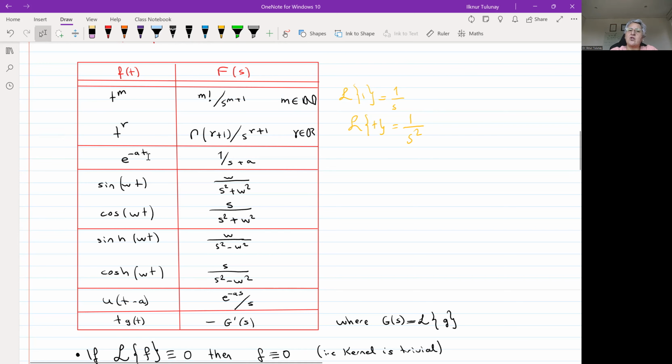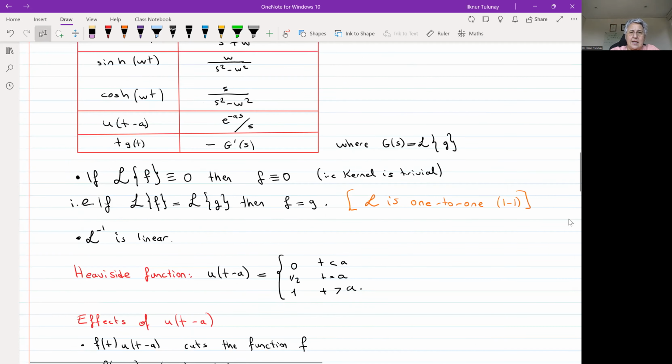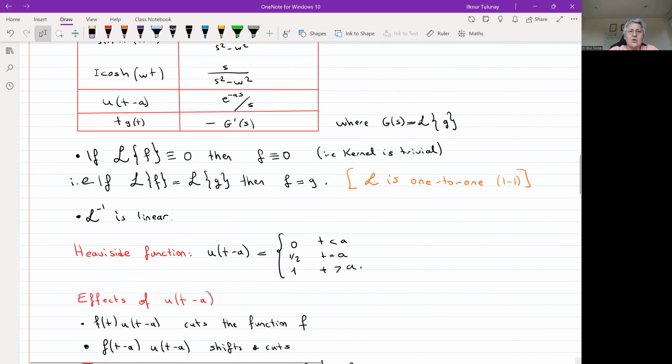If we have exponential functions of this kind, the Laplace transform is this; for sine, the Laplace transform will be this, where w is a constant here, and t is the variable. And similarly, yeah. So what is u(t minus a) here? I will give a definition of this function. u(t minus a) is the Heaviside function, which is the ladder function.